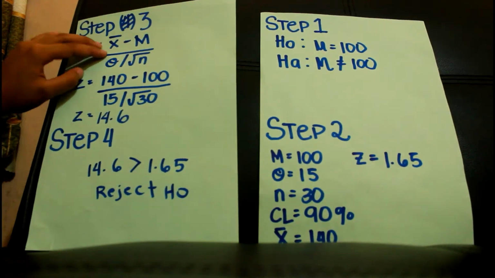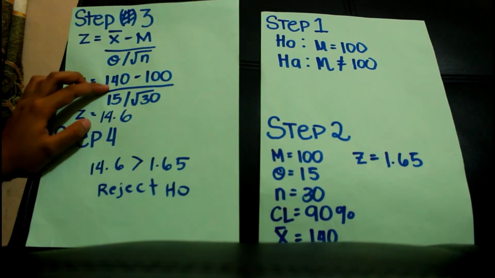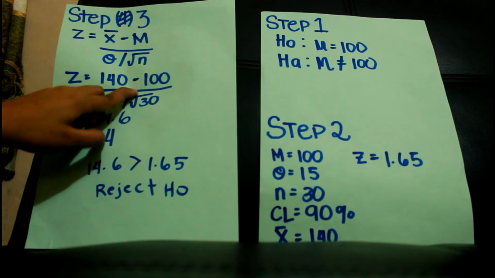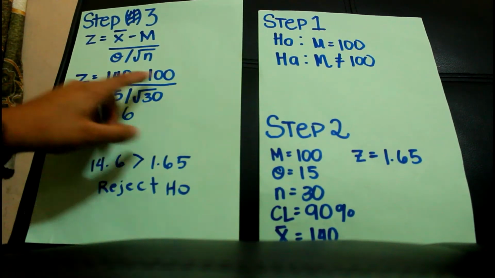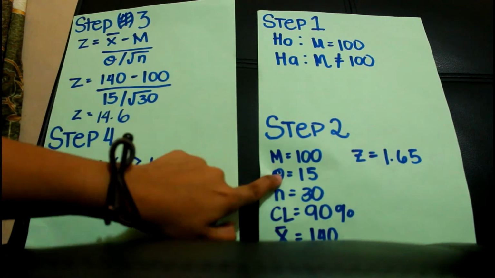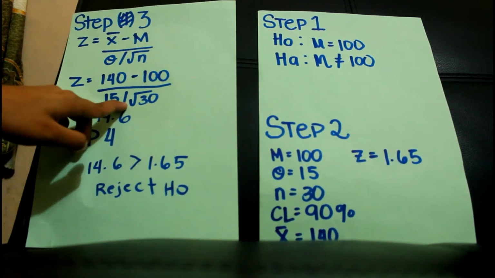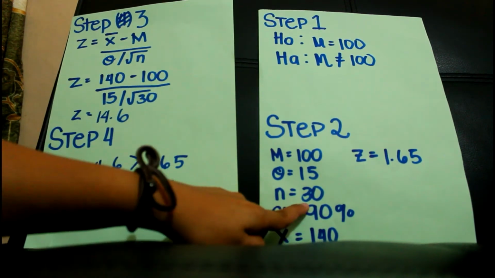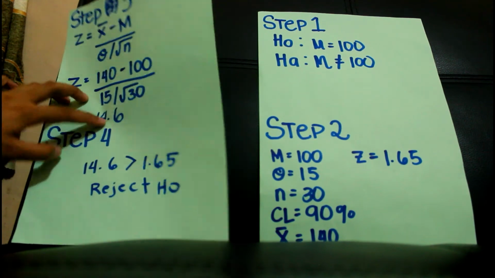So, yung random sample is 140. So, kailangan natin siyang ilagay dito minus mean. So, mean natin is 100. Divided by standard deviation, which is 15. Divided by square root of 30. So, yung sagot dito is 14.6.